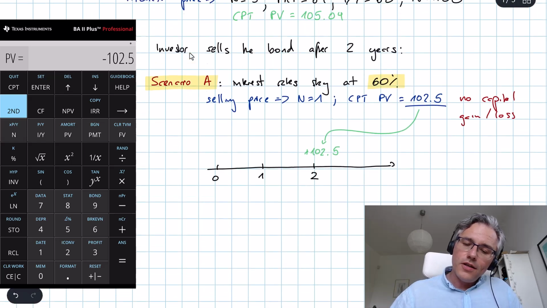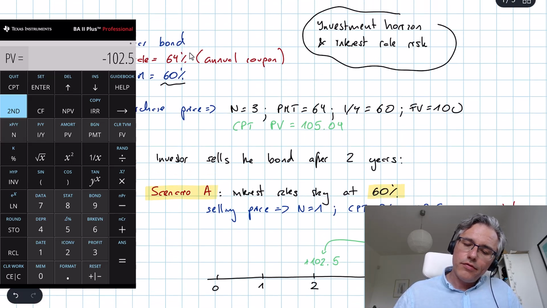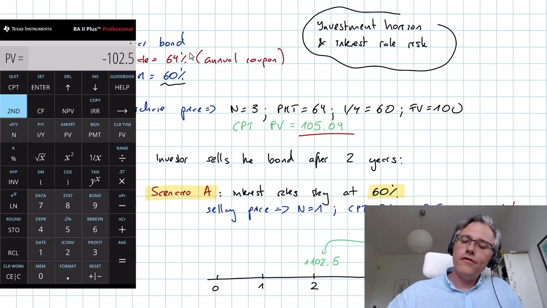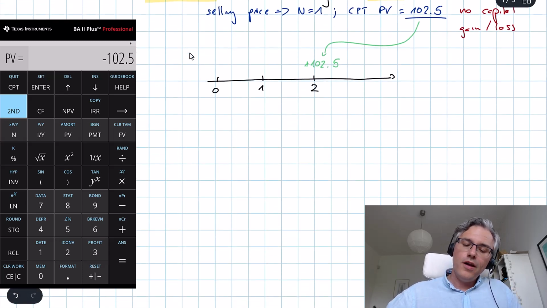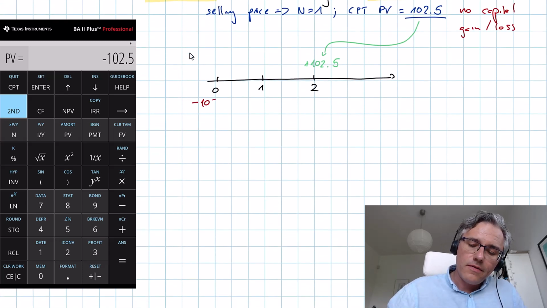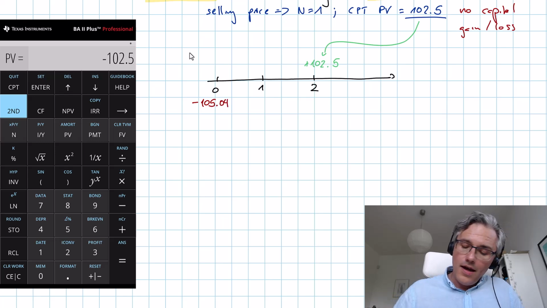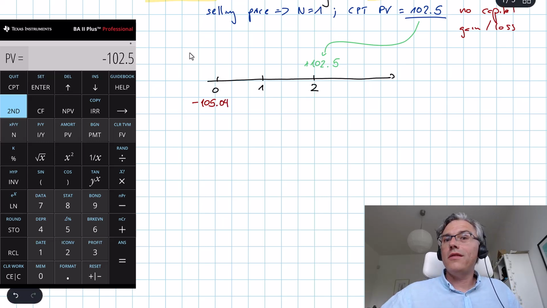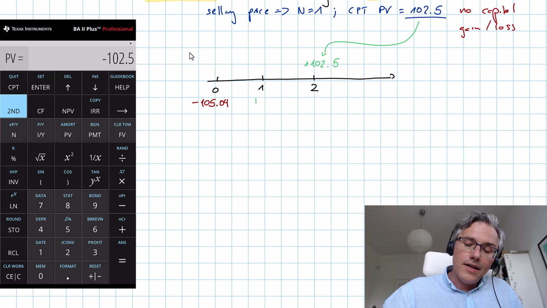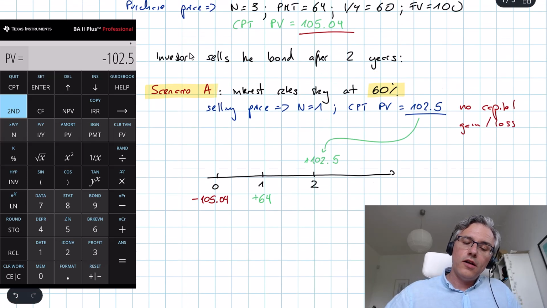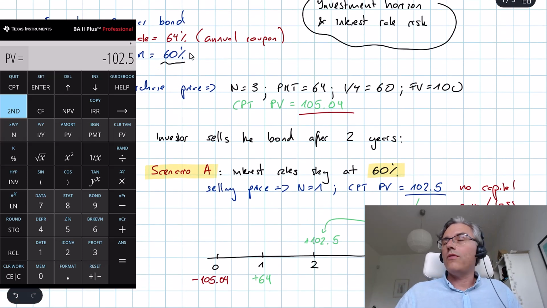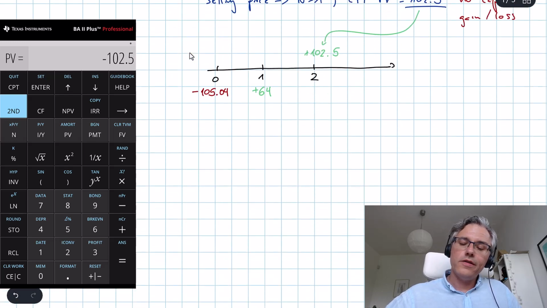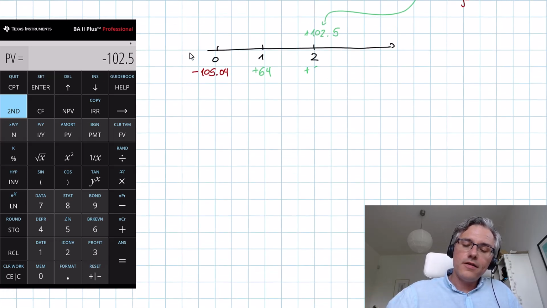We initially paid a price of 105.04 to get into this investment. Okay, and in the meantime it generated some coupons. A 64 coupon, recall this bond was paying coupon at 64% of par, so 64 here and 64 here.